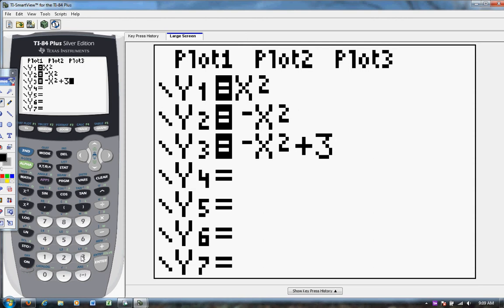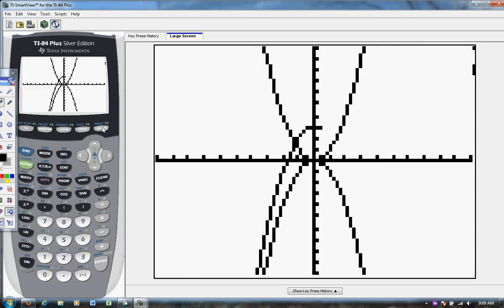Well, what's 0 squared? 0, right? And so then I add 3. So that's going to be the vertex of your parabola. So this thing's going to be upside down, and the vertex is going to be moved up 3. Let's see if I'm right. Yes, I was. Okay? So it's upside down, and it's moved up 3.